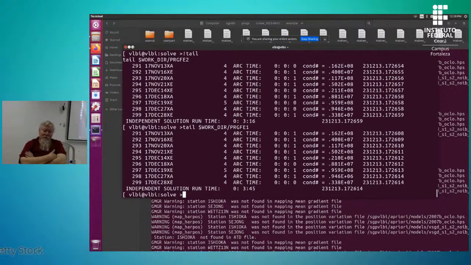Is everybody done? We'll wait a second for everybody to be done. One of the things we did was we started with this control file that had everything set up. And then the only thing we did was change the sessions we were going to process.